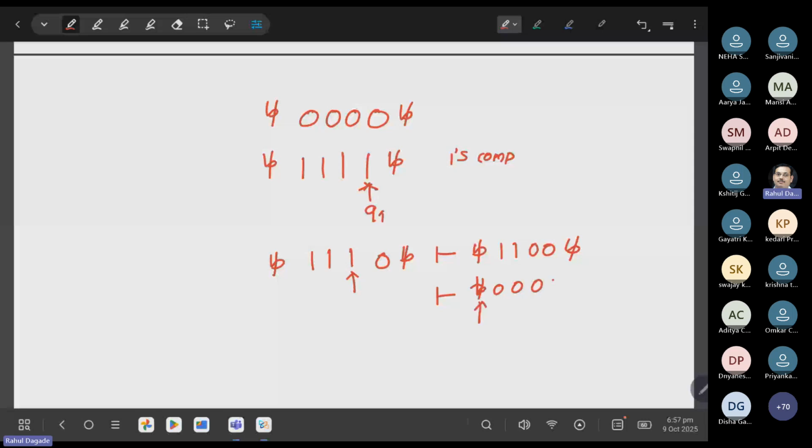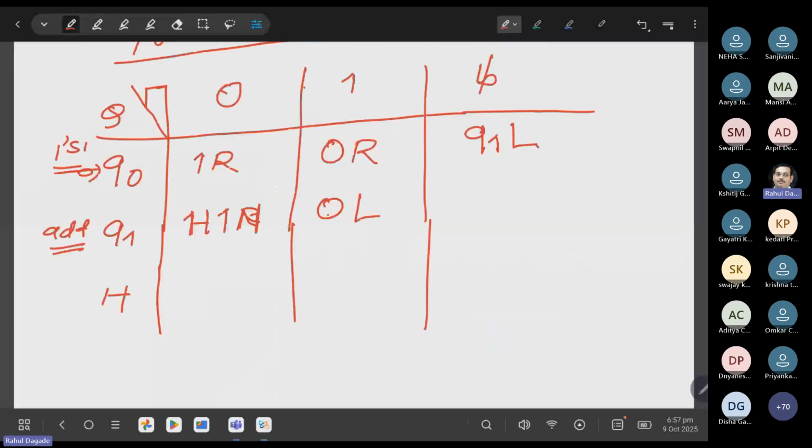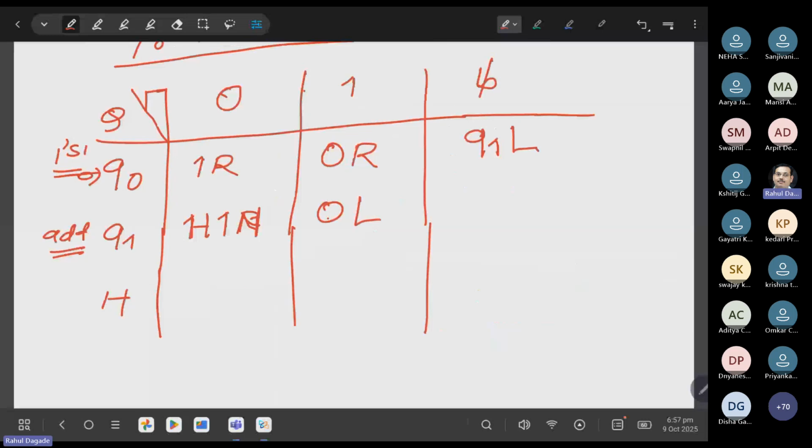That is 0 0 0 0. Moreover, what is the 2's complement of 0? The 2's complement of 0 is 0 itself. So when Q1 gets a blank, it goes to the halt state with no movement of the pointer. And the H state is this.